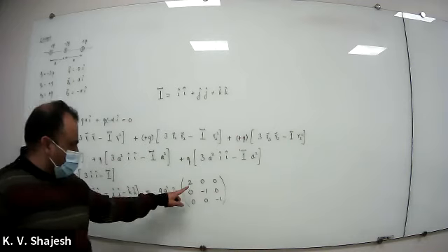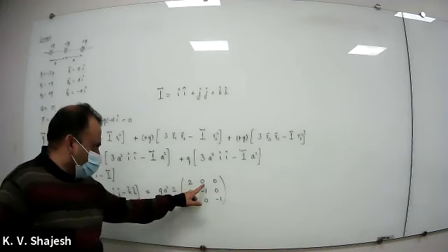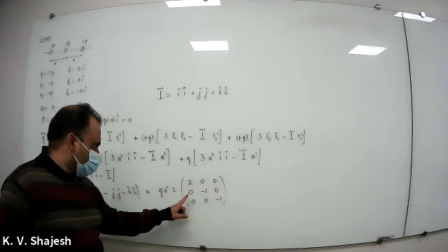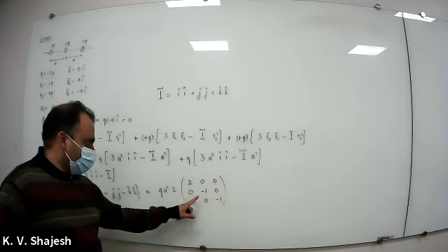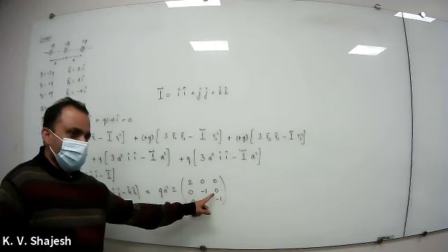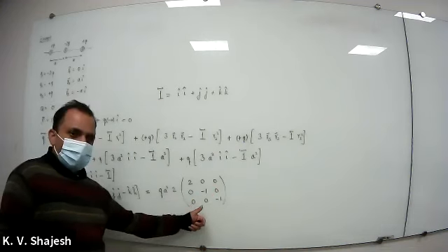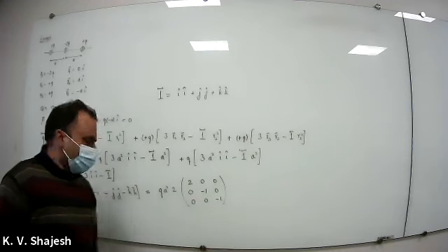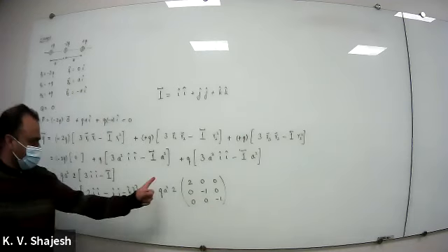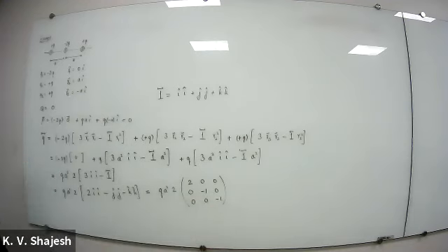This is the ii component, this is the ij component, this is the ik component, this is the ji component, jj component, jk component, ki component, kj component, kk component. Now only 3 of them survive, so that's your 3 diagonal terms. So that's your quadrupole moment.